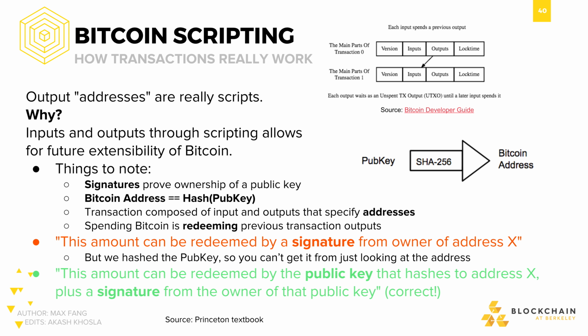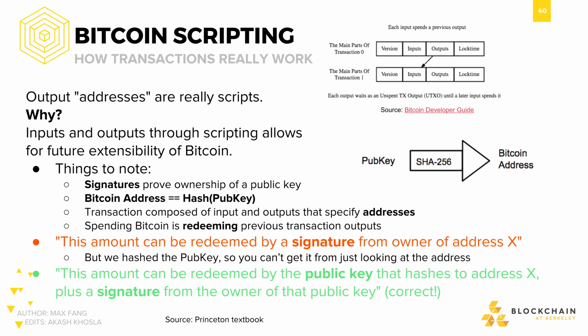So this is incorrect: this amount can be redeemed by a signature from the owner of address X. However, we hash the public key, so you can't just get it from looking at the address. The correct way to say it is that this amount can be redeemed by the public key that hashes to address X, plus a signature from the owner of that public key. So this is correct.